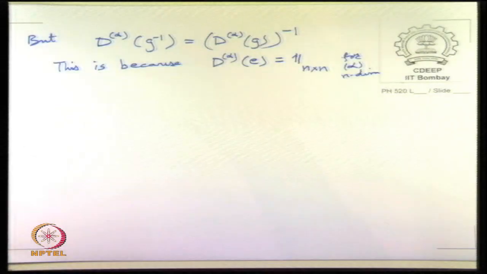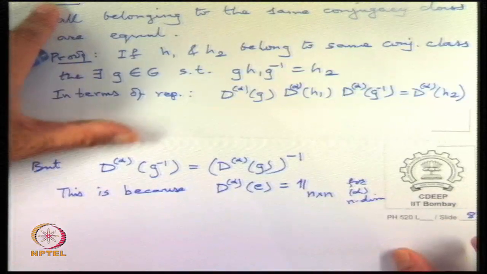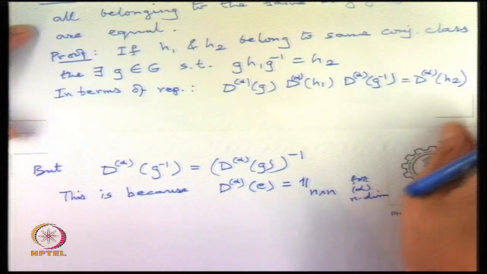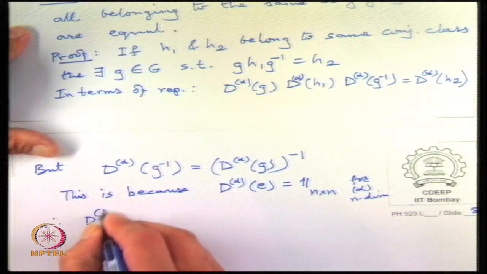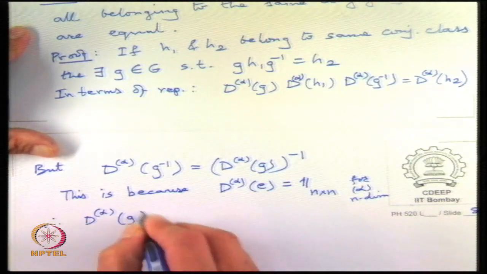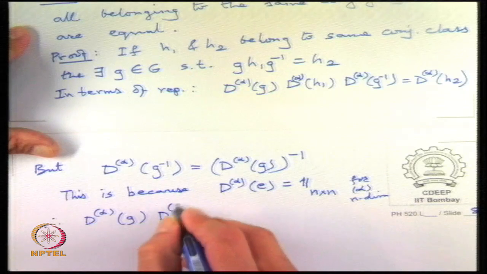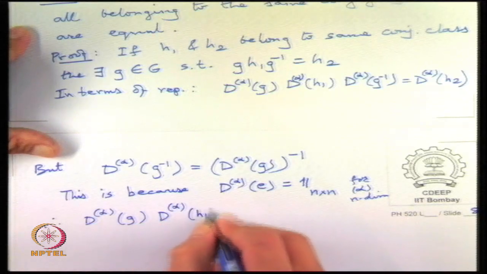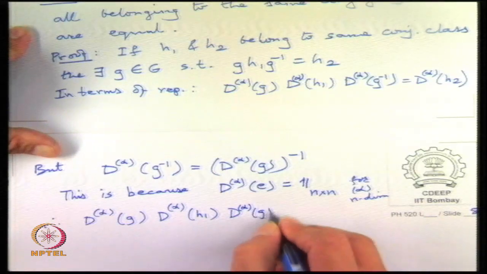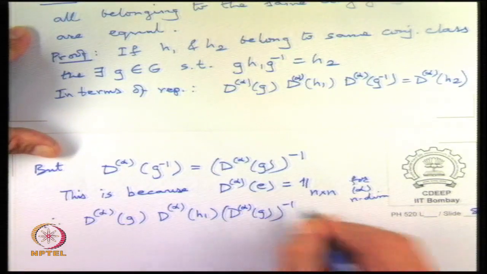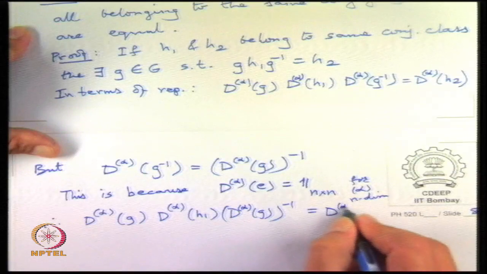Okay. Therefore, coming back to this, now we take the trace of both sides. So D alpha of G, D alpha of H1 and D alpha of G inverse matrix is equal to D alpha of H2.